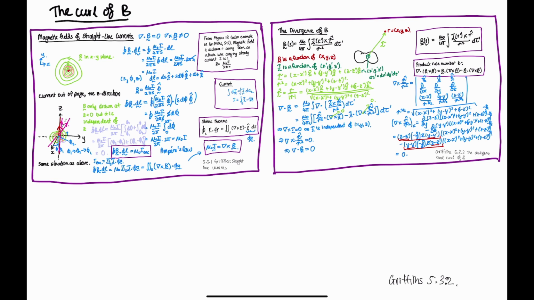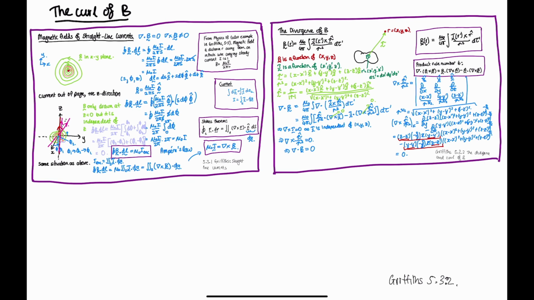Now, Griffiths also gives a very formal explanation of how we can calculate the curl of B, though it does skip a few steps, like similar to in the divergence, this being 0 was included in one of the problem sets, and I've expanded every step here to show you why that came about.